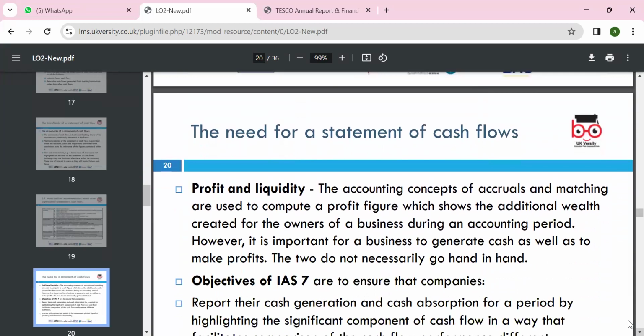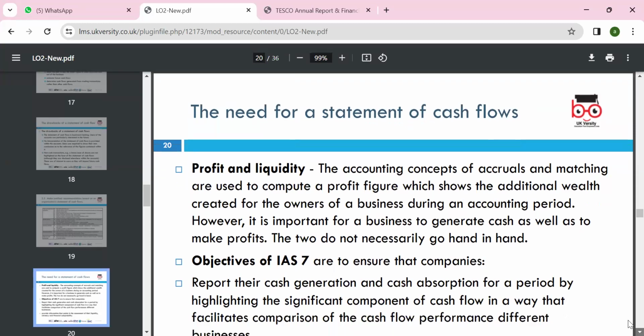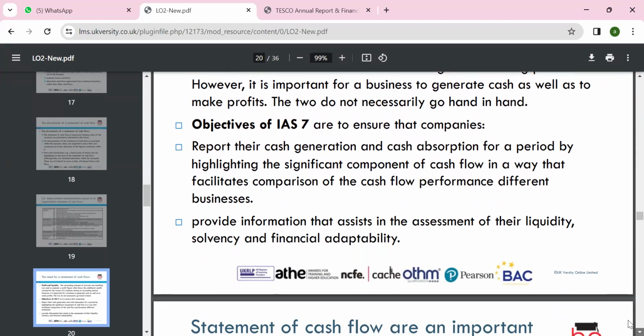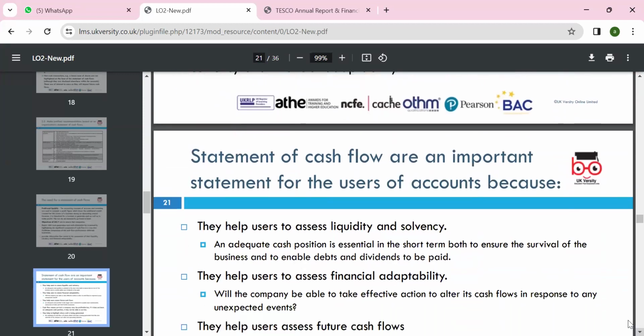So profit and liquidity: under the accounting concept of accrual basis, we don't do the accounting on a cash basis, like the matching concept. We look at the activities, the cash, and the liquid position of the company, and the statement of cash flow is an important statement for the user.